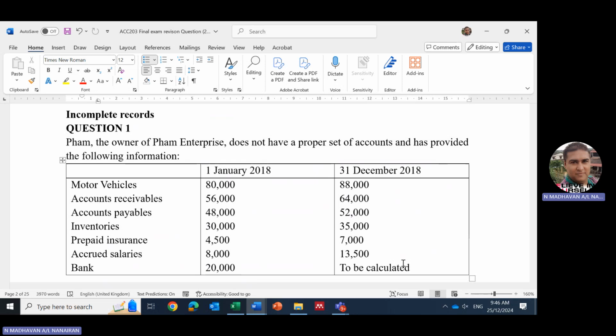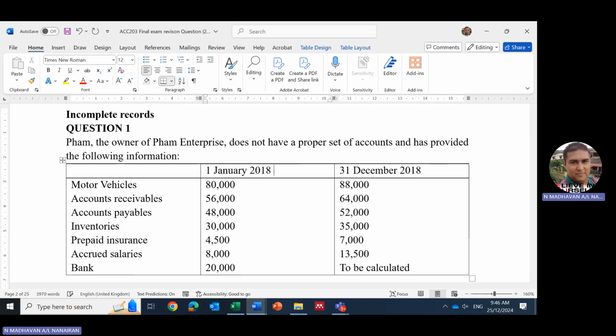All right. So based on what I shared with you in the midterm revision, when you are given two pieces of information, one is the beginning of the year, the other is the end of the year. Yes or not?